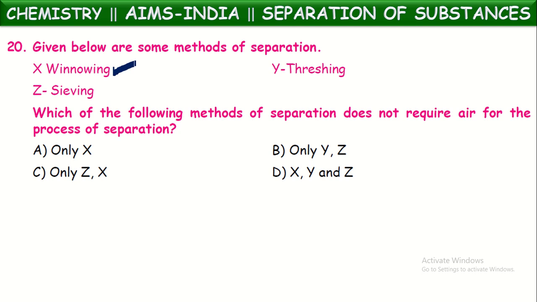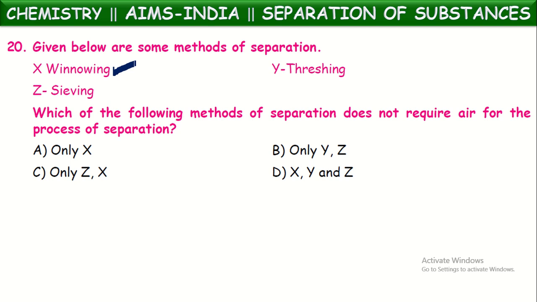What they do in the winnowing process, they take the mixture of grain and husk into wide flat plates. They pour this mixture from a certain height down. Then, because of wind blowing, lightweight husk particles move away. Heavyweight grain particles will come down directly and form a heap. In this way, those mixture components are separated by using air blow.